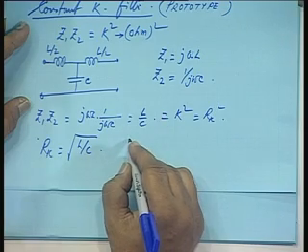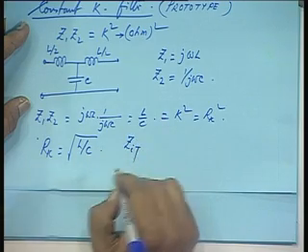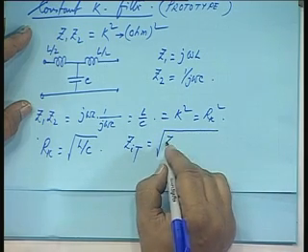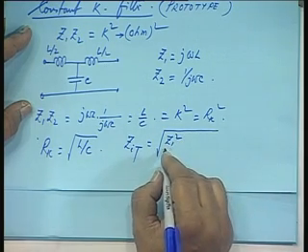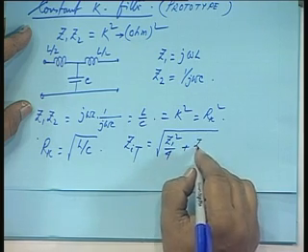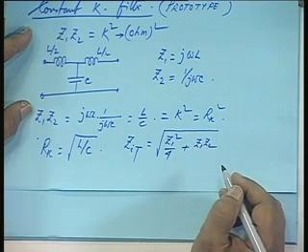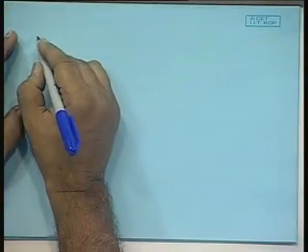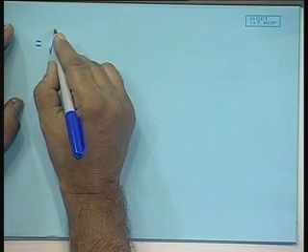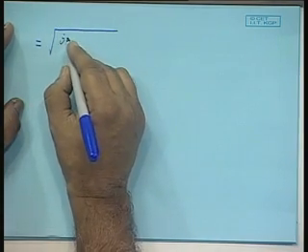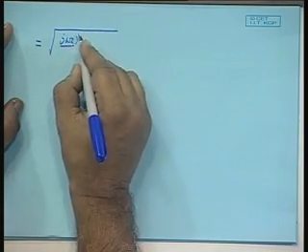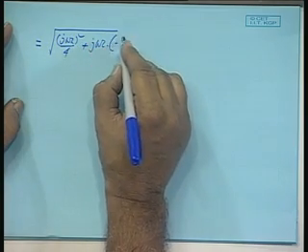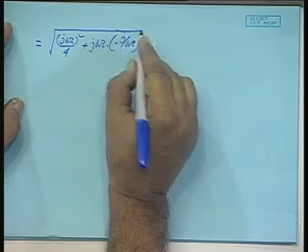For a T network, we know the iterative impedance is root over of Z1 squared by 4 plus Z1 Z2. Okay. Let us compute this. This will be equal to root over of (j omega L) squared by 4 plus j omega L into minus j by omega C. Agreed?